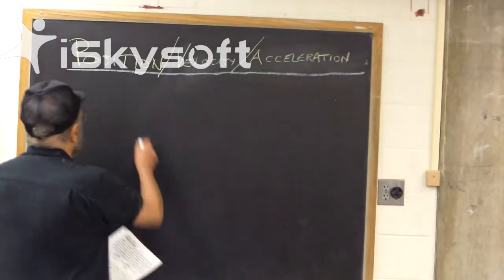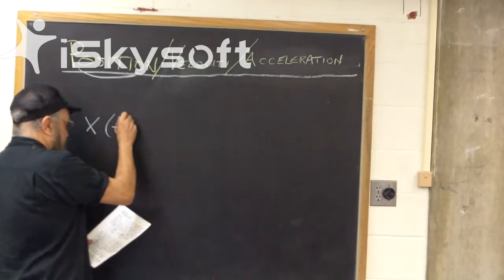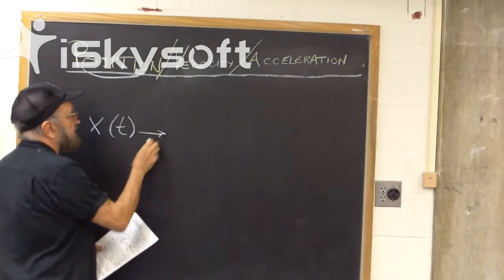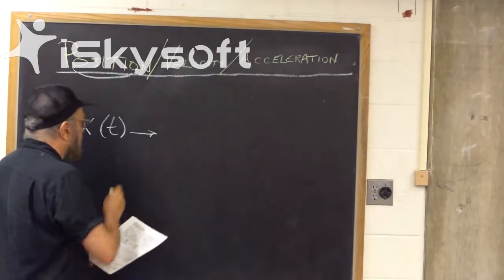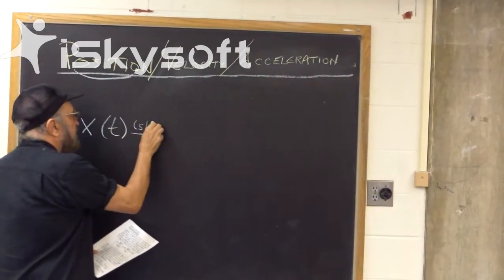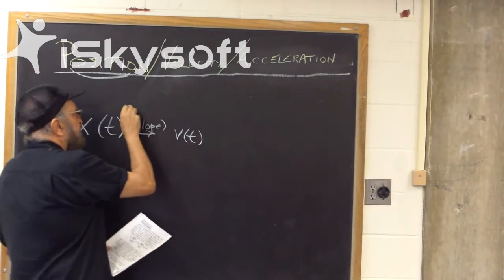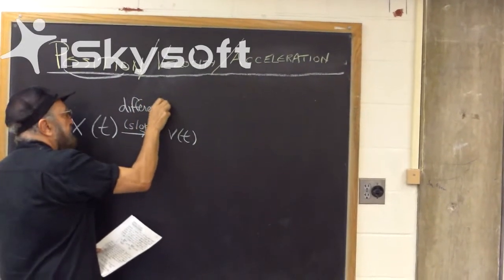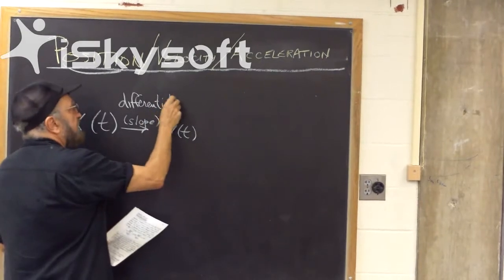If you know the position of an object, x of t, then you get the velocity by taking the slope of that curve. And that's the velocity. This process is called differentiation. Take the derivative.